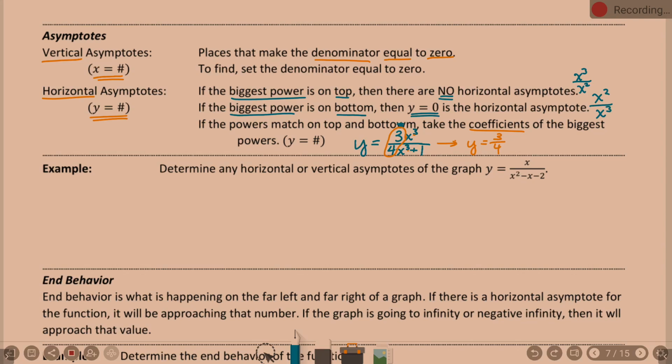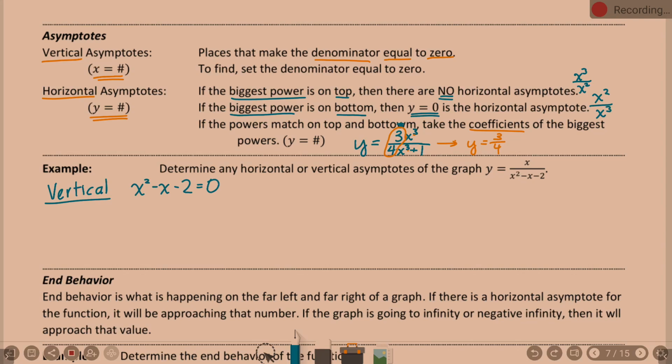Set the denominator equal to 0, which is going to help me find my vertical asymptotes. My denominator is x squared minus x minus 2 equals 0.